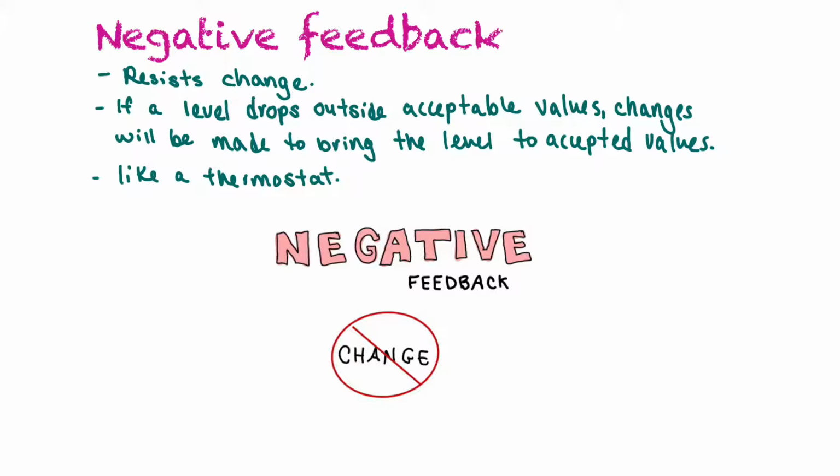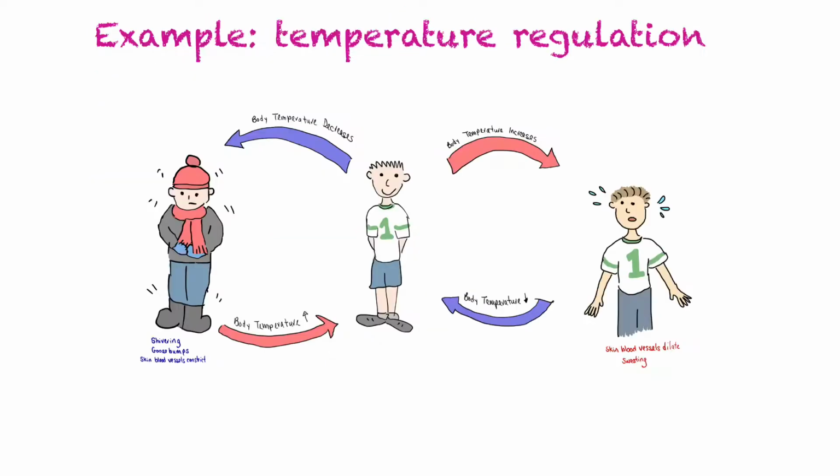And if the level drops below 21 degrees, then the furnace will come on to bring the temperature back up. So negative feedbacks resist change. Maintaining our blood sugar levels and maintaining our body temperature are examples of negative feedback.